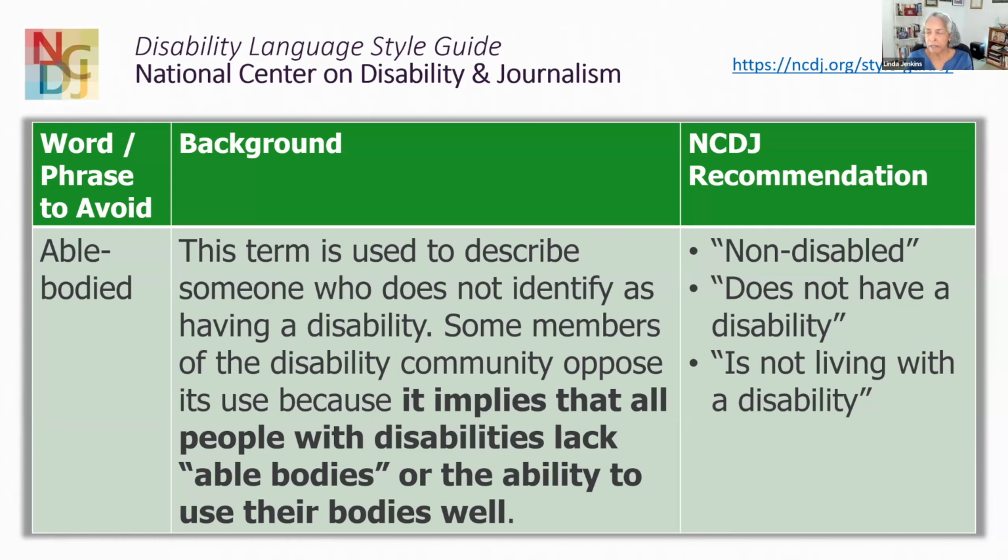Then it gives you background information on why you should avoid it. And then it gives you terms or other phrases to use instead. Because I think that often people want to know and understand the why behind why they shouldn't use particular language. And it also helps, I think, make it easier for you to actually adopt different language.